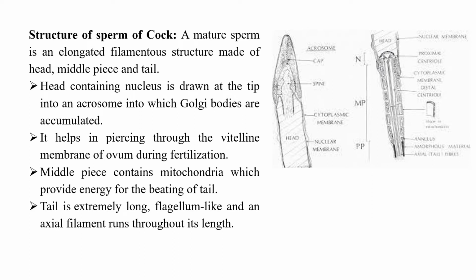So next, let us move on to the structure of the spermatozoa of cock, that means the poultry. A mature sperm of the cock is an elongated filamentous structure composed of a head, a middle piece, and the tail.